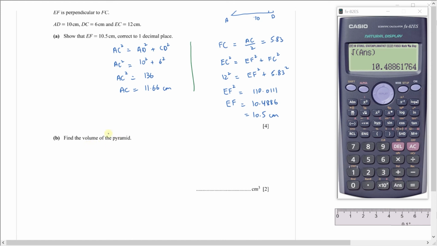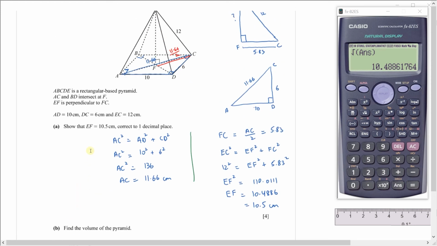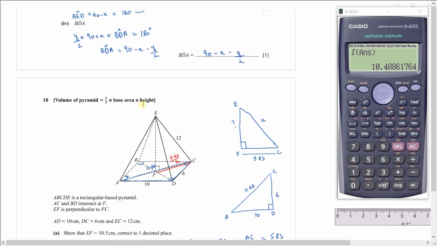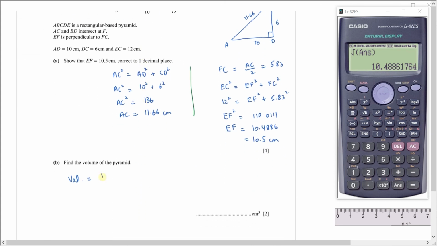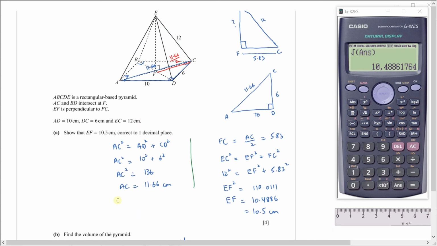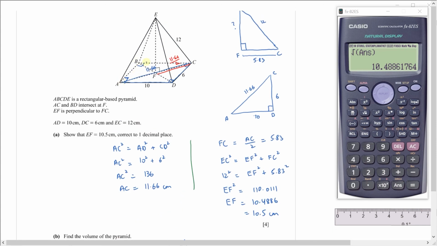The next part is find the volume of the pyramid. So volume is given as 1 by 3 into base area into height. So the base area will be the area of this rectangle ABCD. This is a rectangle, the base, and the area for this rectangle will be length multiplied by width.